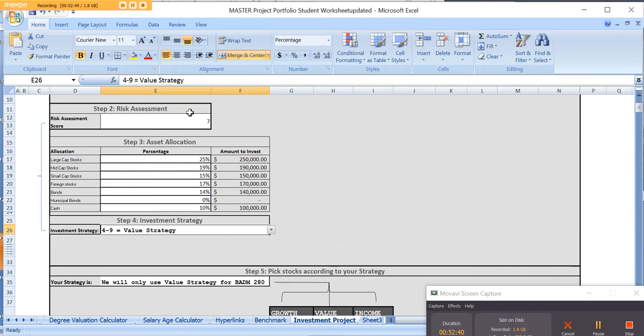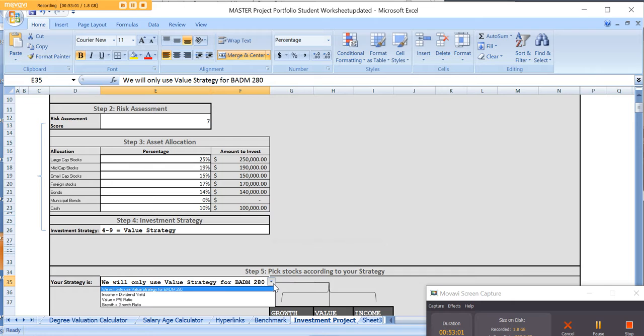Now, if you have a really low risk assessment, like 1, 2, 3, still go ahead and pick it based on here. But for the purposes of this exercise, we're going to select either an income strategy, a value strategy, or growth strategy.